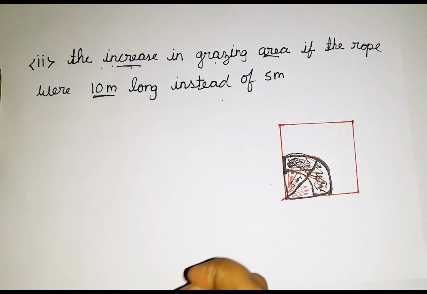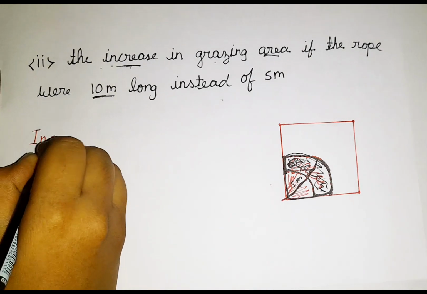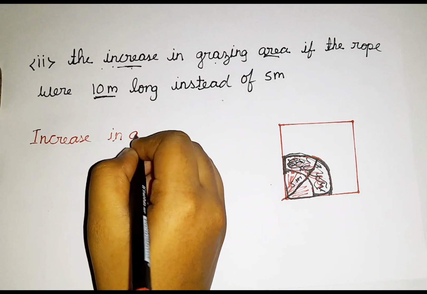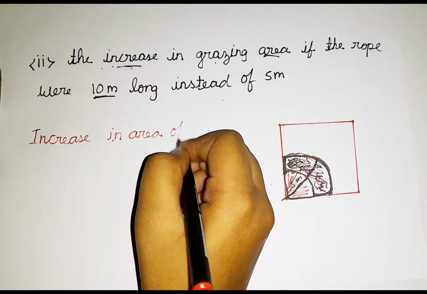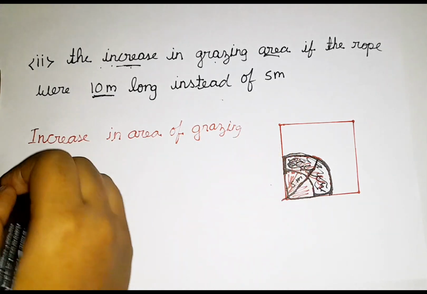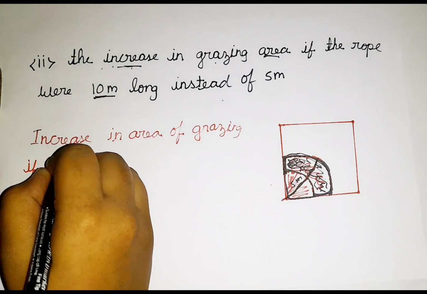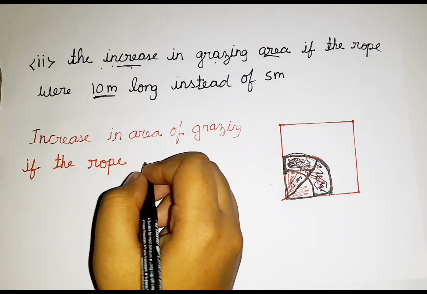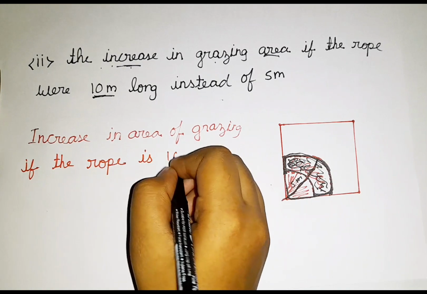So let us write: increase in area of grazing if the rope is 10 meter.